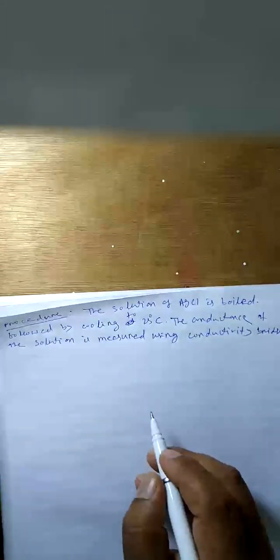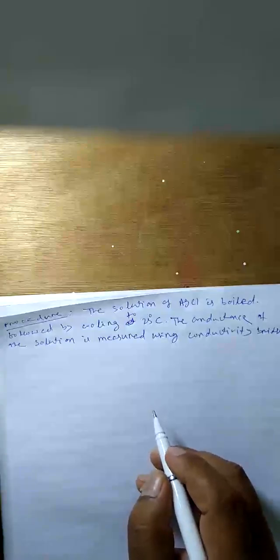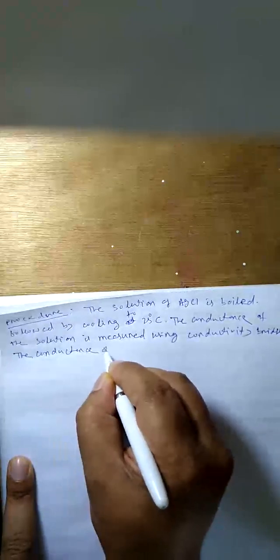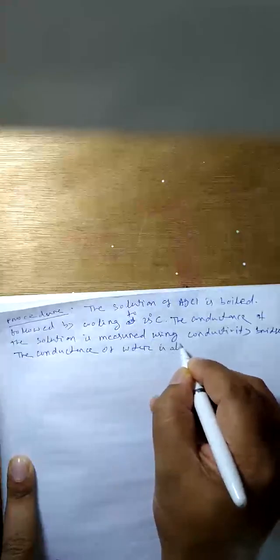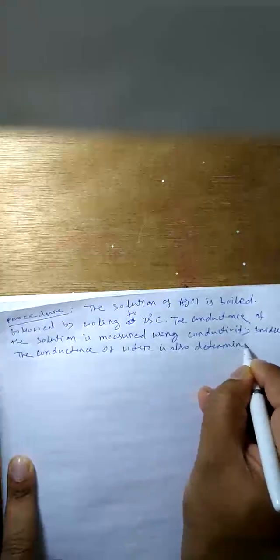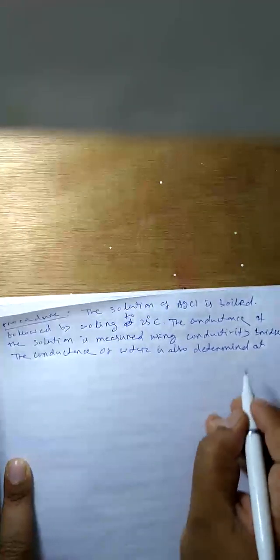This is the conductance of the solution. That means the silver chloride solution conductance is measured using a conductivity bridge. The conductance of the water is also determined at 25 degrees centigrade.